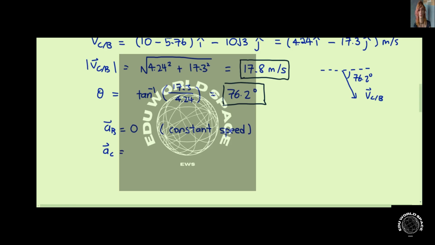So the acceleration of C relative to B is acceleration of C minus acceleration of B. Okay, so you get negative 9.8 j hat meters per second square. Okay, so this is the answer for the relative acceleration. Okay, and that's all.